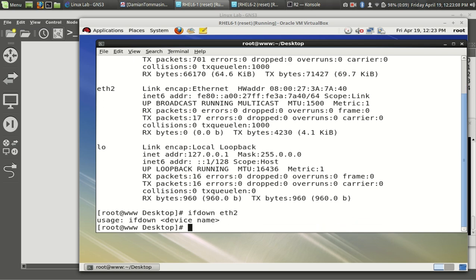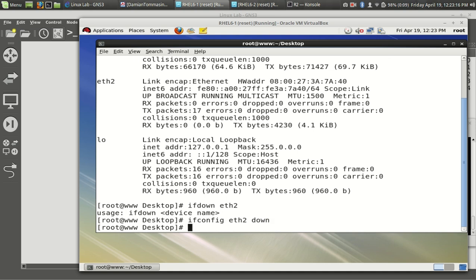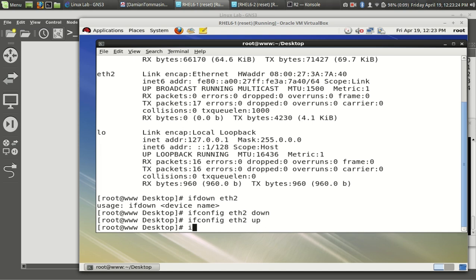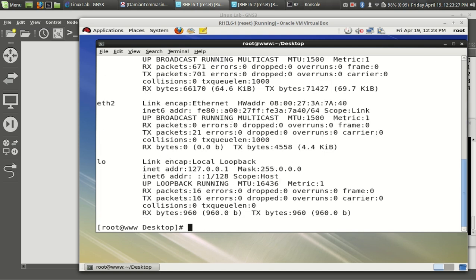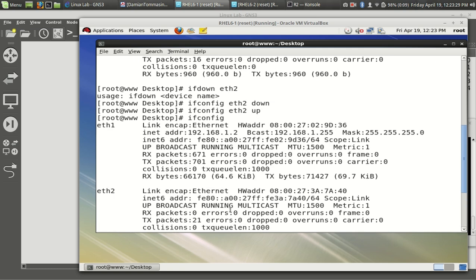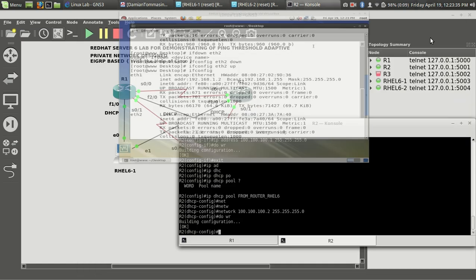Oh sorry, by my mistake. ifconfig eth2 down, this is the command to make the interface down. So I make this interface up again to see if I get the IP address or not. Still I'm not getting the IP address. Is there a mistake I have made?